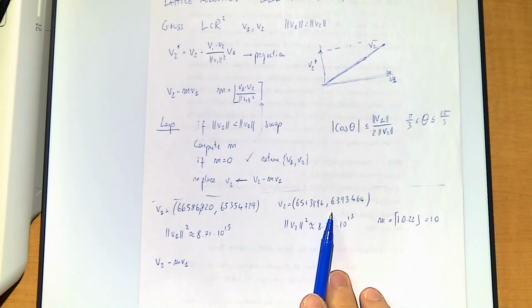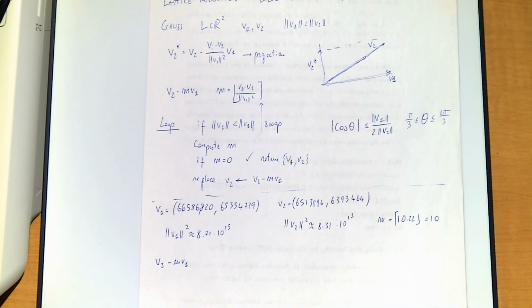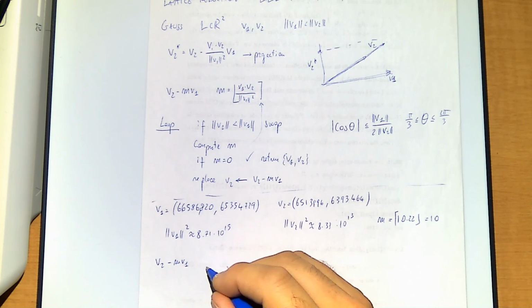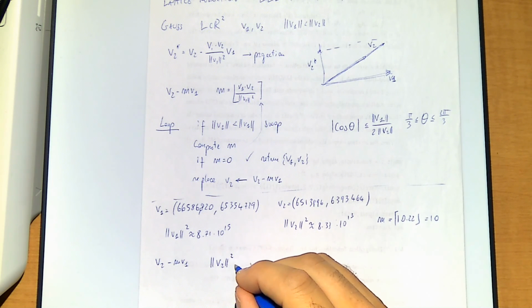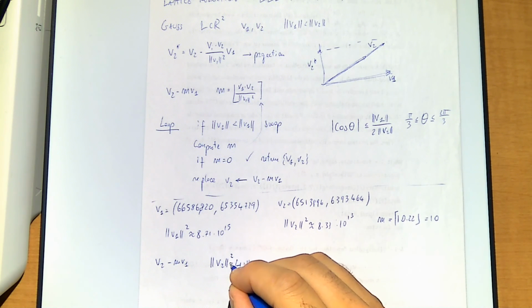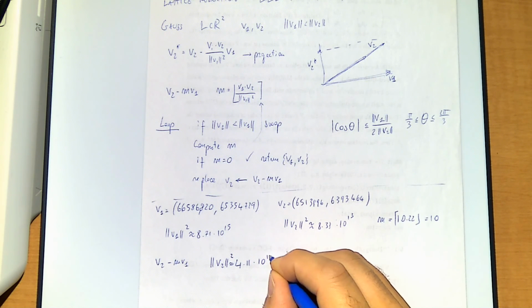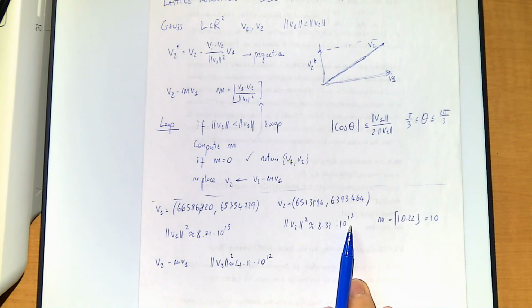We get a new V2, and the new vector has norm equal to 4.11 times 10 to the 12. So we reduced by an order of magnitude here, right? This is again smaller than V1 squared, so what we did is we swapped.